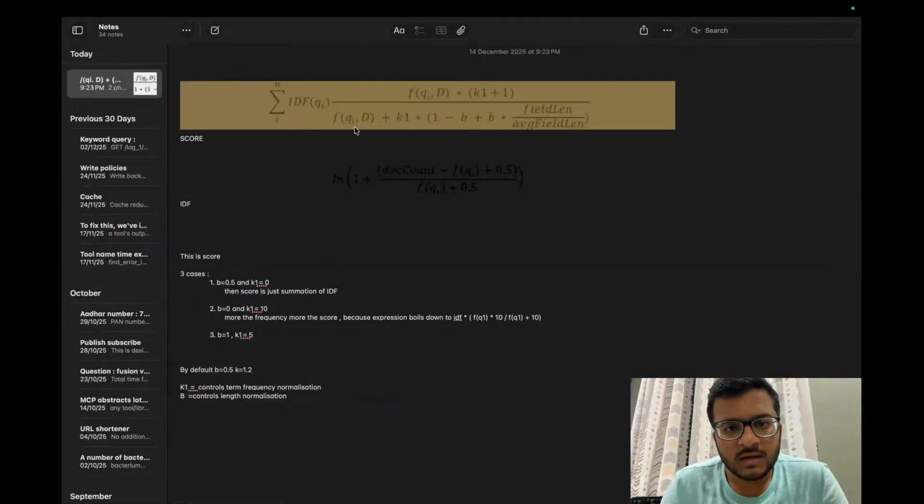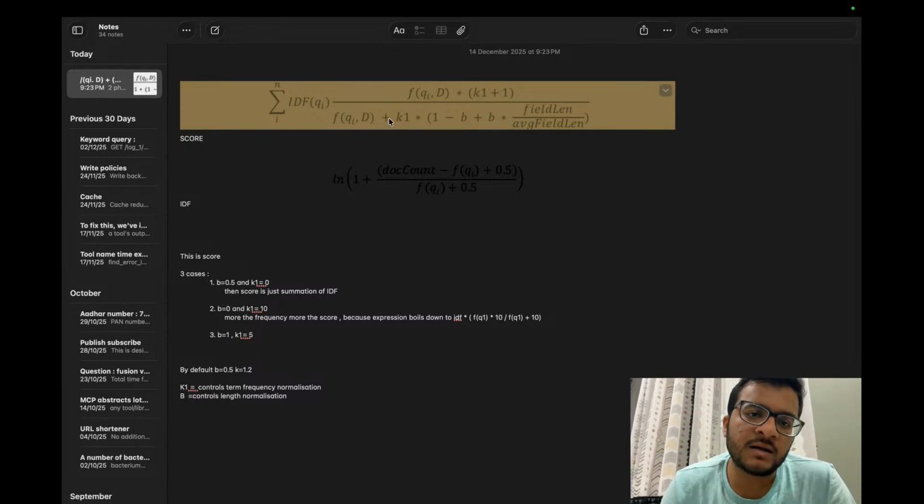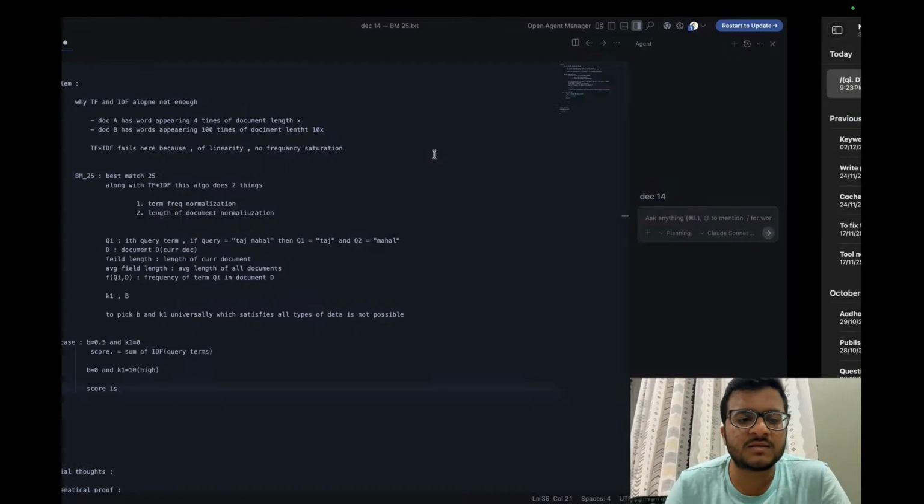But if you see, this will be always increasing. If frequency is increasing, this is increasing, and you are multiplying this with k1 plus 1, so this will always be greater than 1, and if you are multiplying something greater than 1, this score will always increase.